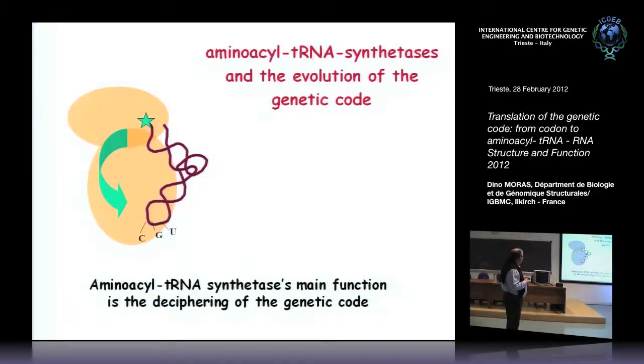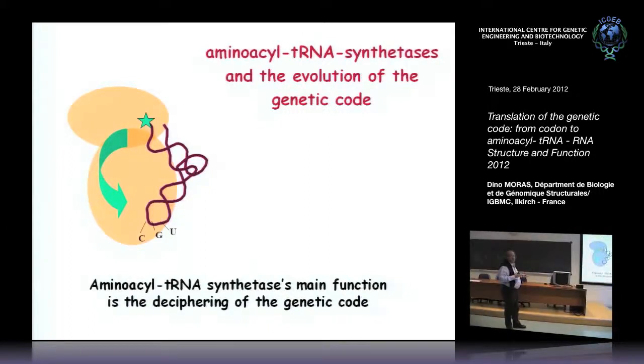So we want to recognize the transfer RNA. And you realize that the anticodon here, which is essential for the transfer of the signal at the ribosome, is by no means essential for the synthetase. The synthetase can recognize the transfer RNA at any part. The only condition is it has to recognize the correct transfer RNA for the amino acid.